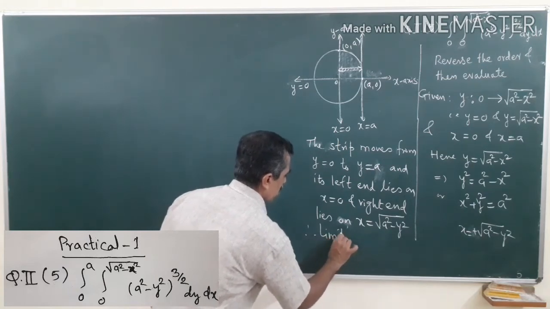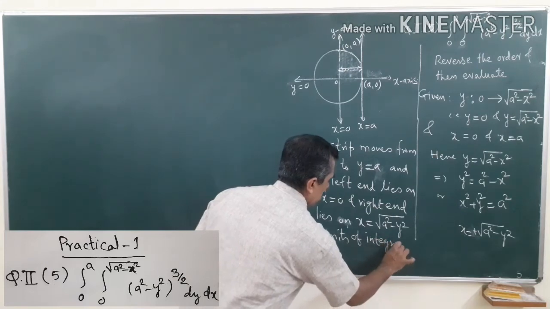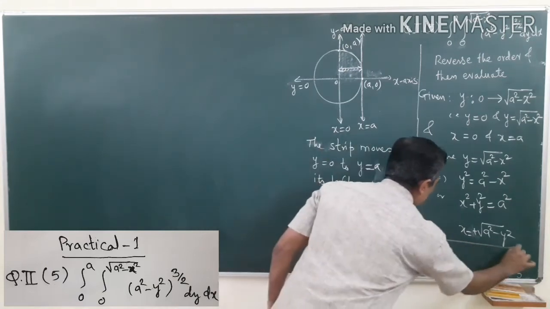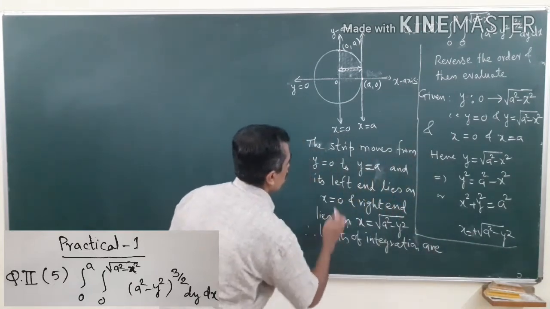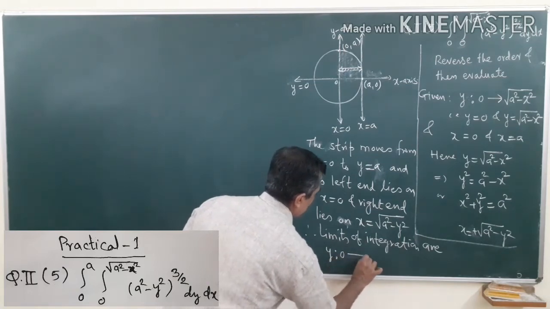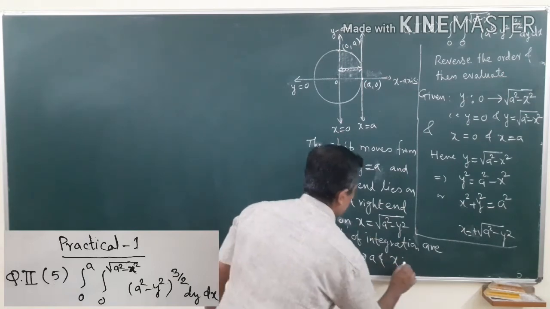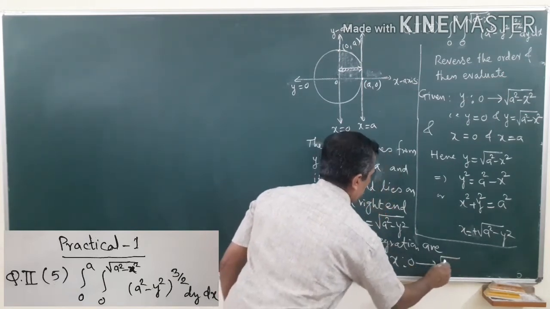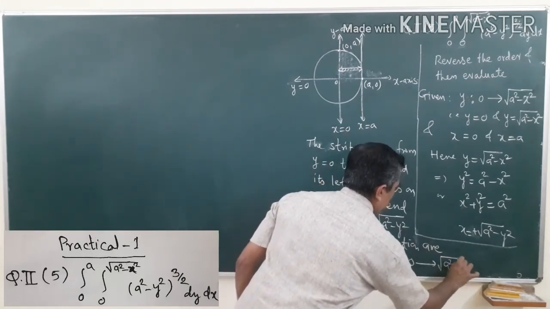Therefore the limits of integration are, what are the limits? y runs from 0 to a and x runs from 0 to under root a square minus y square.